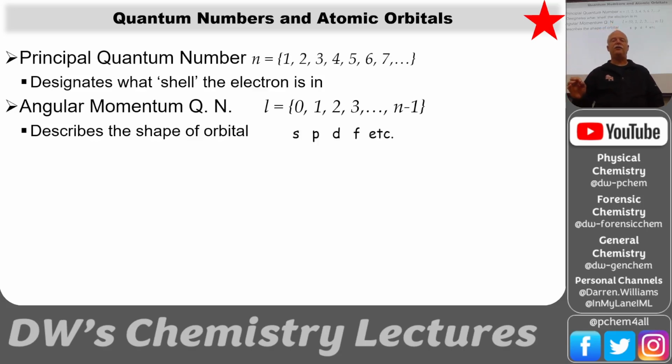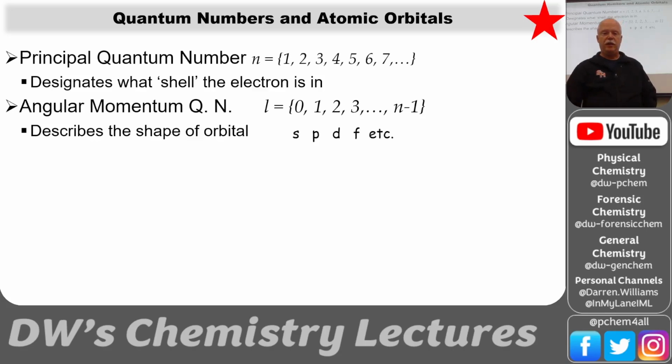And we have letters associated with this, because we have so many numbers, like sort of the address of an electron requires 4 numbers, and so what we're going to do is we're going to use the letters for L. So S, P, D, F are actually quantum numbers, corresponding to L equals 0, 1, 2, 3, and so on.